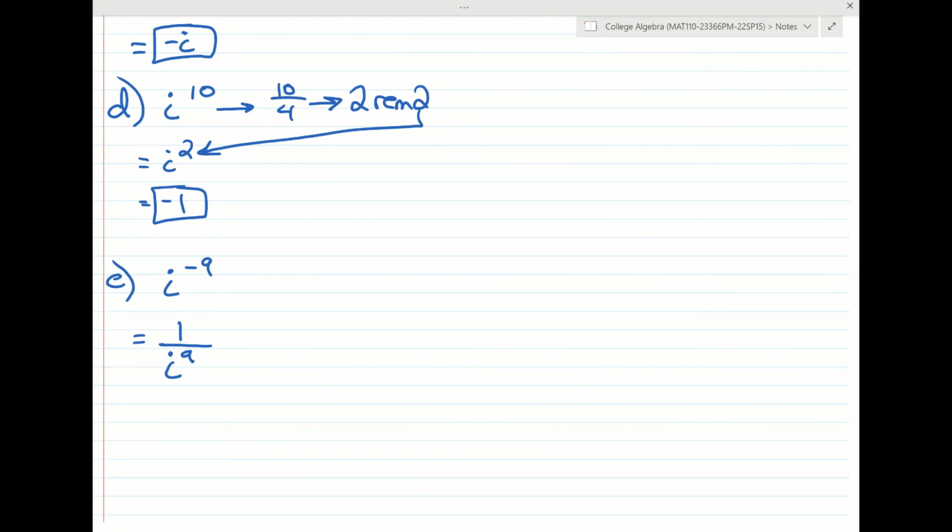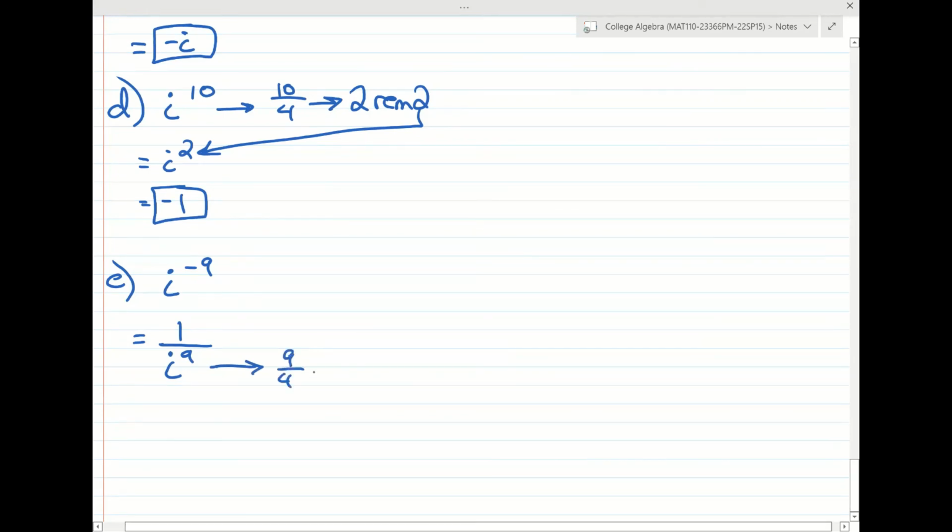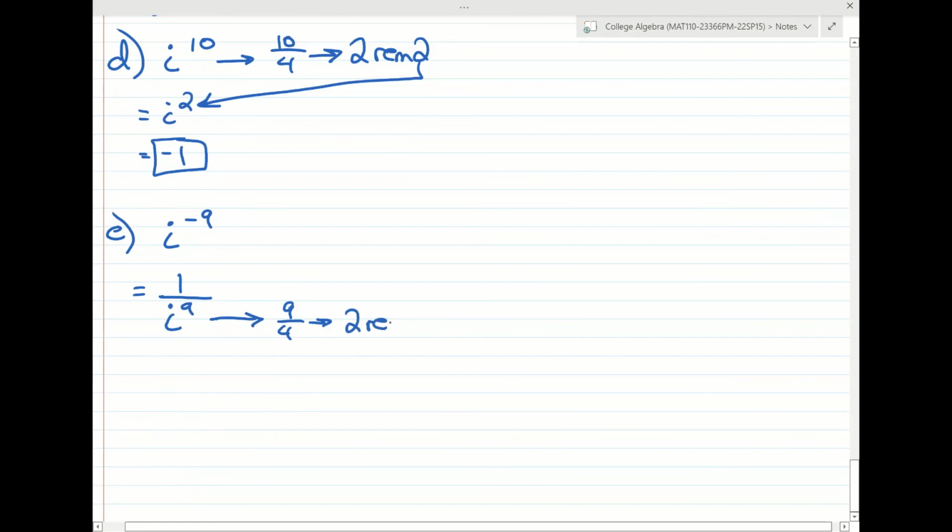Well, i to the 9th, we just talked about how to handle. So in this case, let's figure out what i to the 9th simplifies to. 9 divided by 4 is 2, with a remainder of 1. So we would write 1 over i to the 1st.